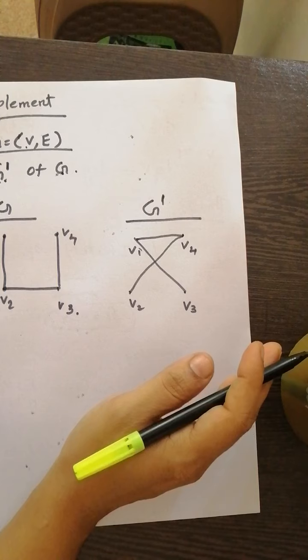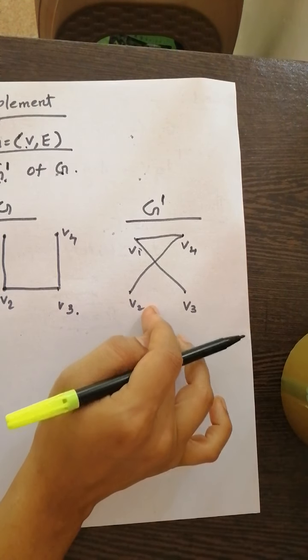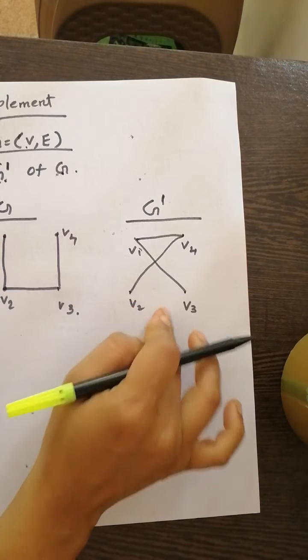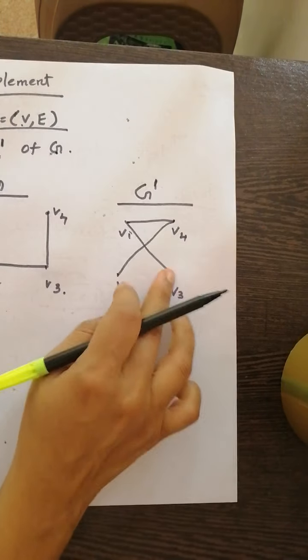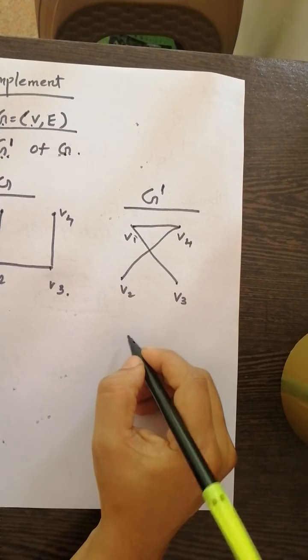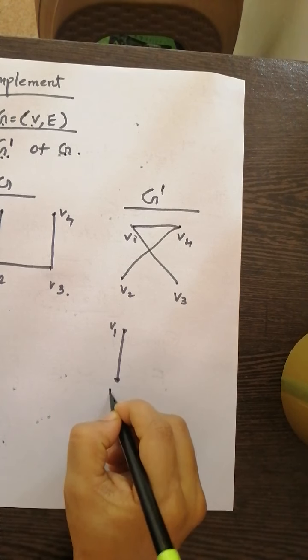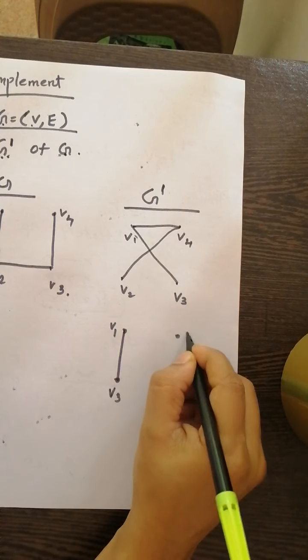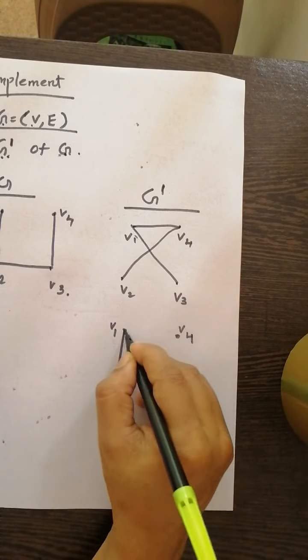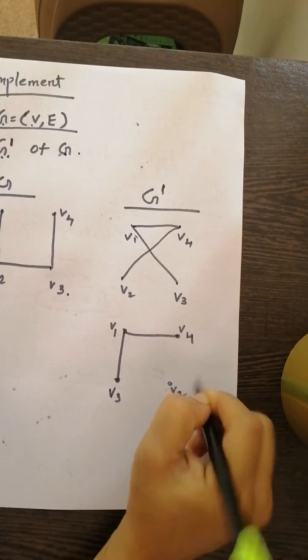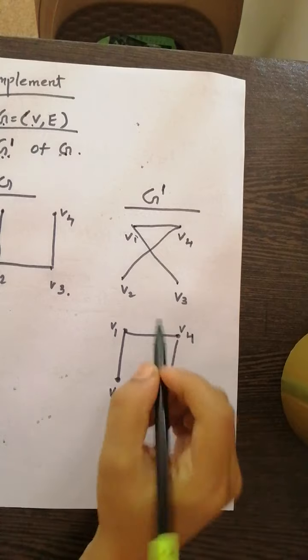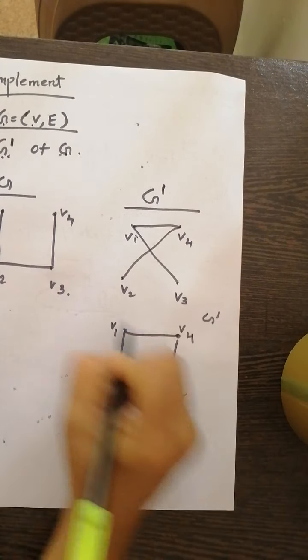This is the complement of this graph. We can also draw this graph as follows: there is an edge between v1 and v3, so we draw v3 here, v4 here and also v2 here. This is also G'.